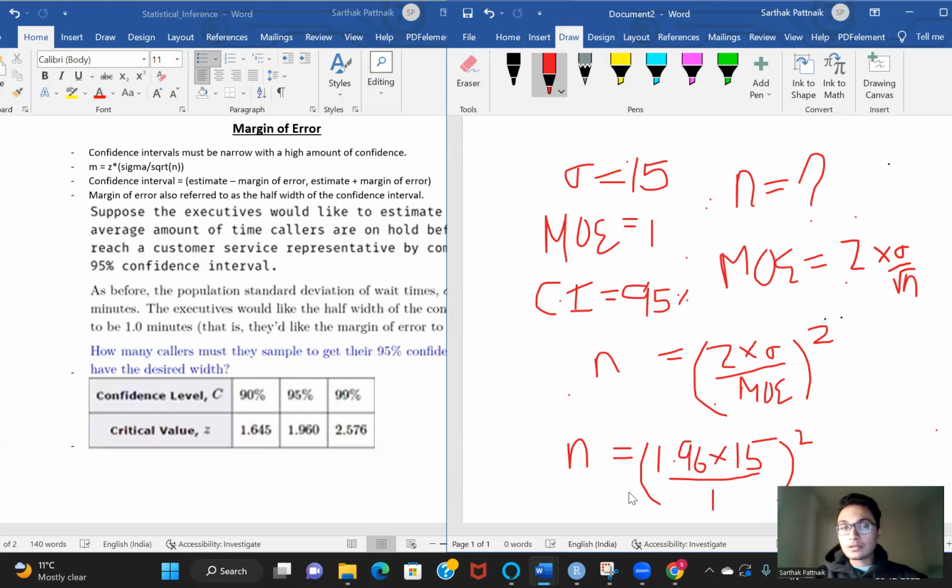But when we discuss Z statistic or critical value in a little more detail, we will be looking at the different ways in which we can actually calculate the critical value Z. So you don't have to memorize it. For now, just wait for a couple more sessions, and I assure you that by the next 3 to 4 sessions, you'll be able to calculate the Z statistic for any confidence level on your own.